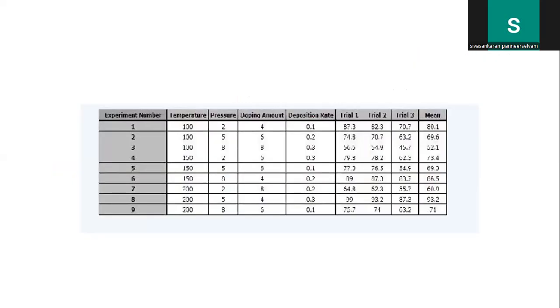So here the experimental design has been done using the L9 orthogonal array. The temperature, pressure, doping effect, and deposition rate are represented in such a way, and they have conducted three different trials of experiment, and the mean average value has been taken from the three trials.